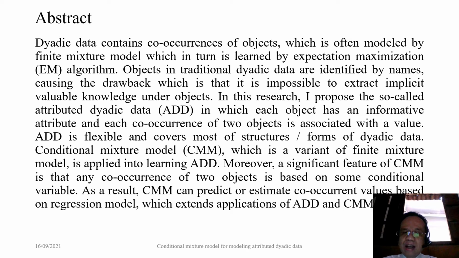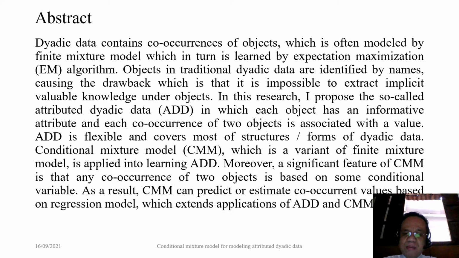Objects in traditional dyadic data are identified by names, causing the drawback that it is impossible to extract implicit variable knowledge under objects. In this research, I report the so-called attributed dyadic data, in which each object has an informative attribute and its co-occurrence is associated with a value, which is flexible and covers most of the structure forms of dyadic data.